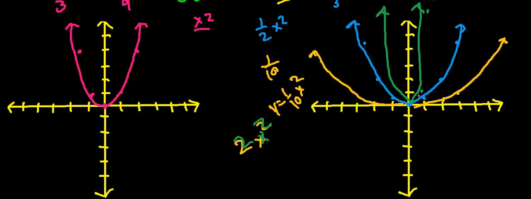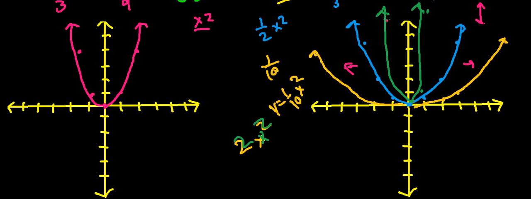When you're thinking about if a fraction or a number is going to compress it or if it's going to stretch it, because when we multiply by a fraction, it's always going to stretch it out widthwise because it's going to be increasing more slowly. Either way. But when we're looking at it from a vertical perspective, we're saying that it's being compressed because somebody's sitting on top of it.